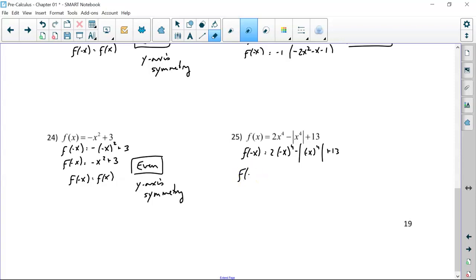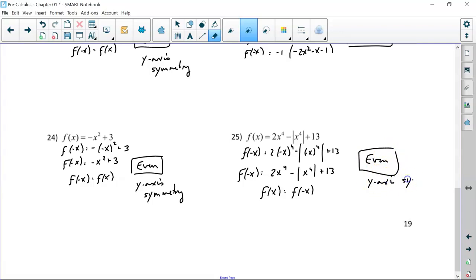So you get f of negative x equals, when you raise a negative to the fourth power, you get a positive, so it's 2x to the fourth, minus, once again, raise that negative to the fourth power, you get the absolute value of x to the fourth, and then plus 13. So that, luckily enough, is our original. So f of x equals f of negative x. So that is even, and it has y-axis symmetry.